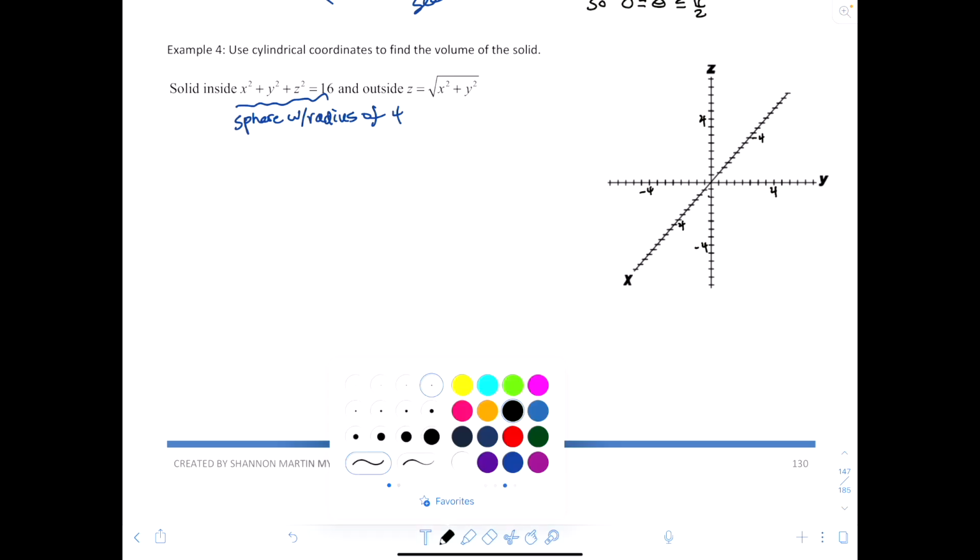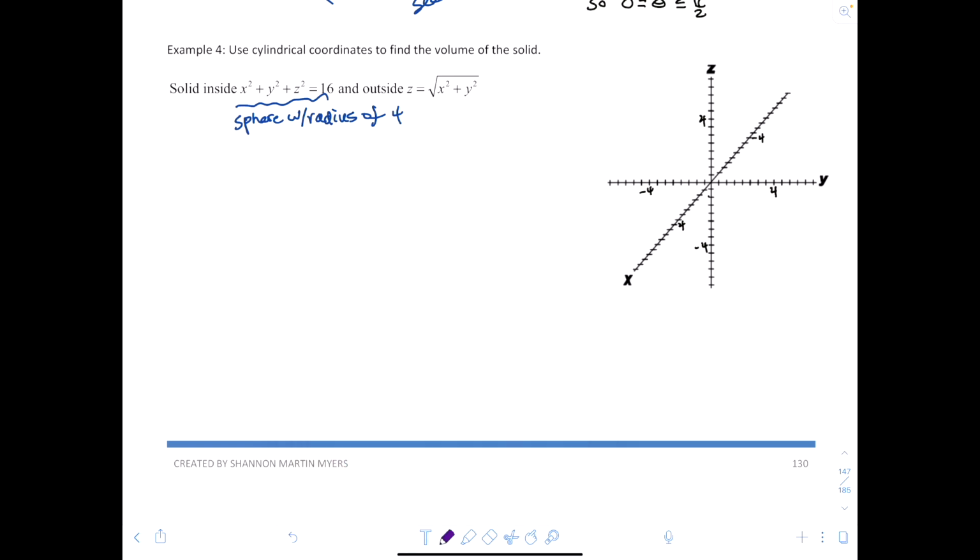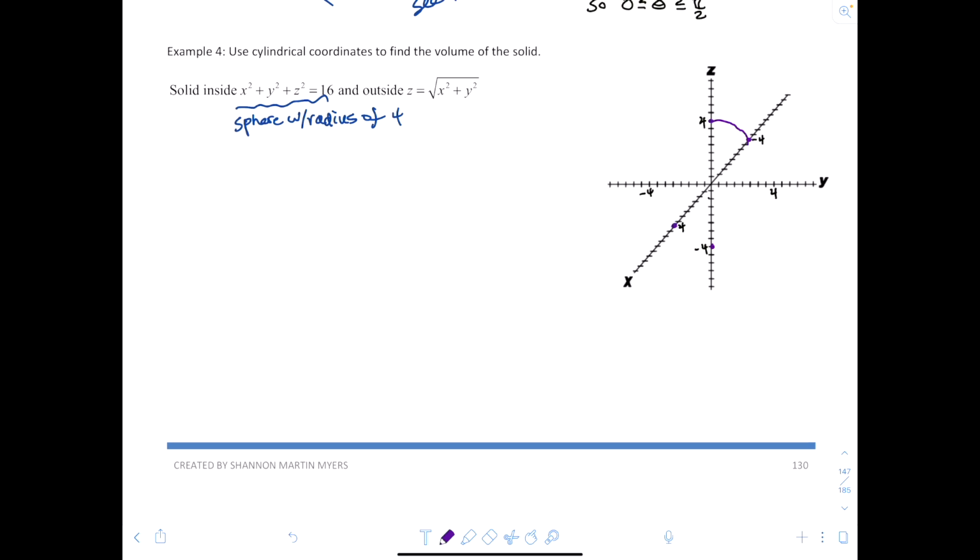So you'd have on your xz plane, and then our yz plane would be like this.